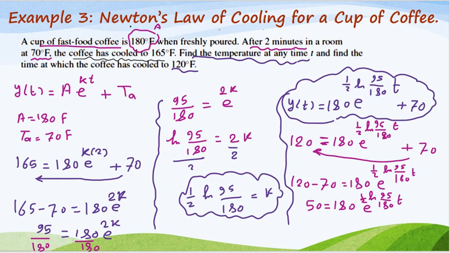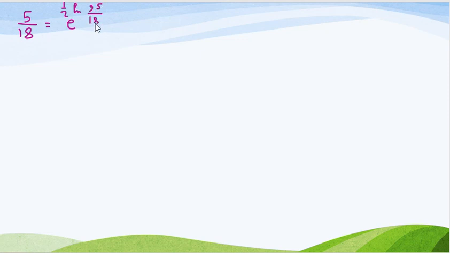We divide both sides by 180 to get 5 over 18 is equal to e to the power half ln 95 over 180 t.